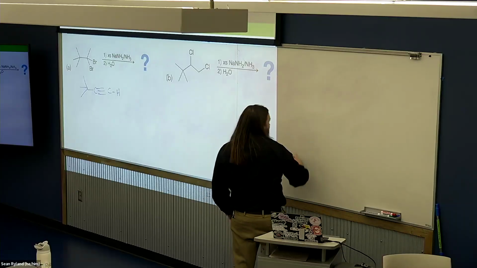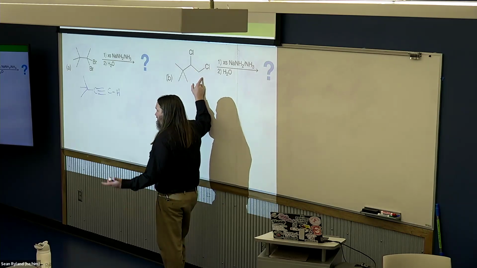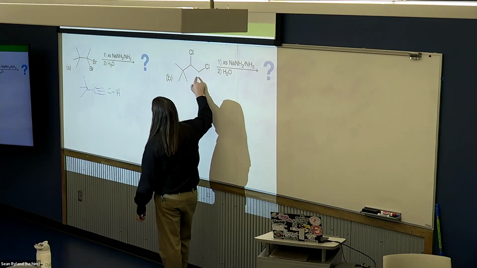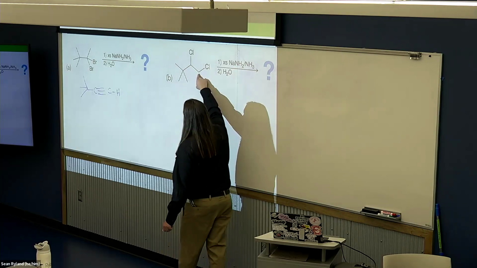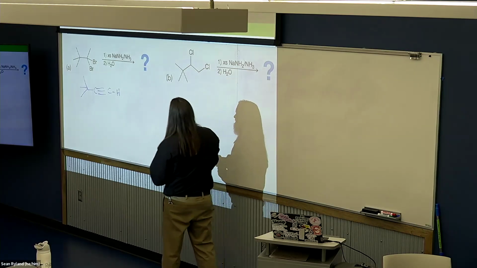Then on this side, it doesn't really matter if they're on the same carbon or not. They'll still go through elimination. We'll do the double elimination, deprotonate the carbon at the end, and adding water reprotonates it.